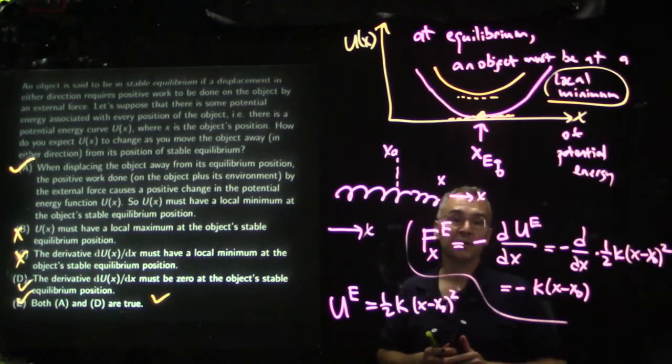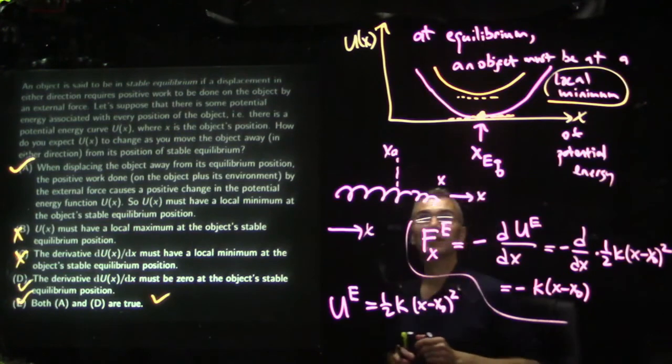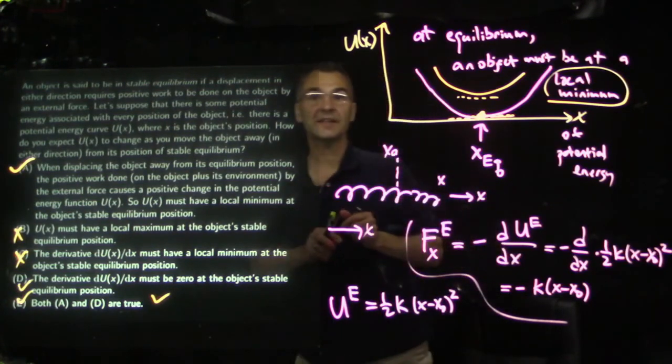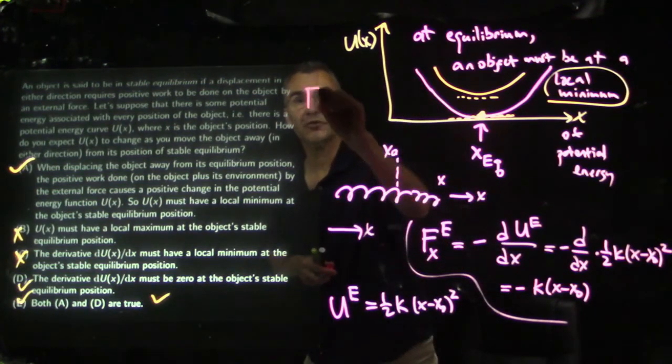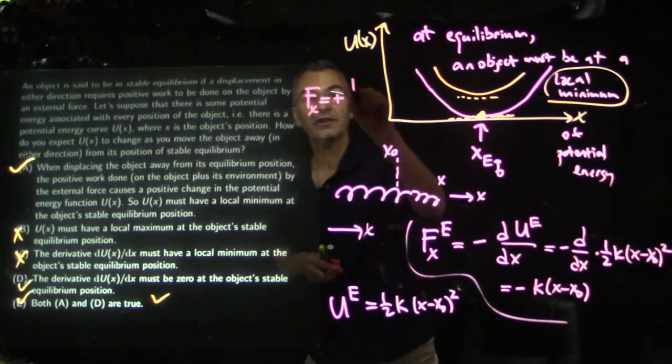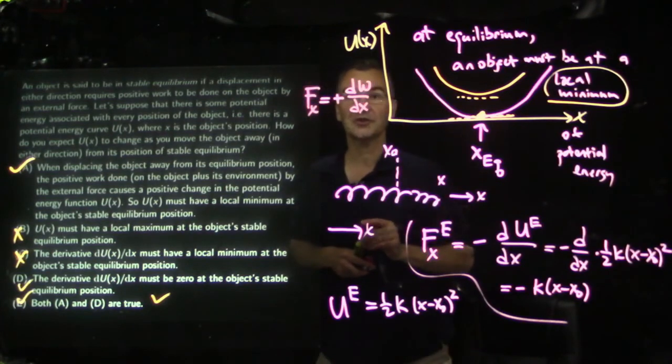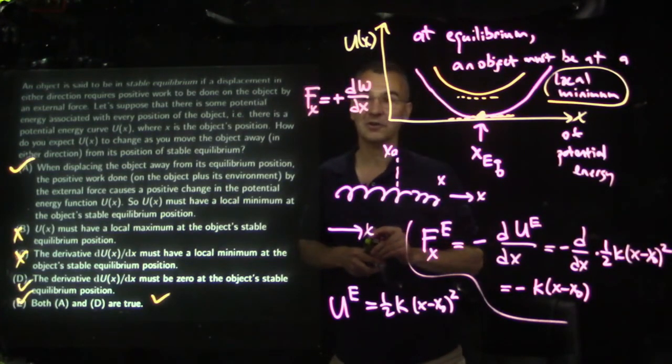So we said that an external force is plus the derivative with respect to position of the work done by that force.